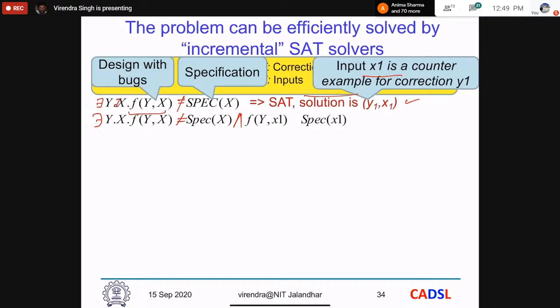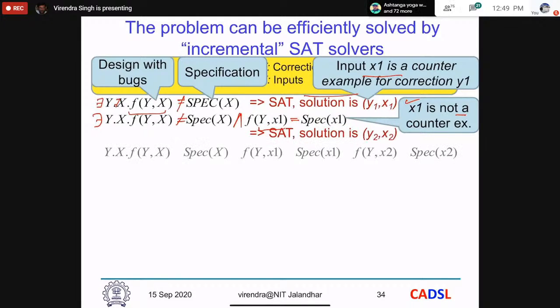So that means f(y, x1) is equal to the spec of x1. This is from my counter example. So x1 should not become a counter example. That counter example should satisfy.